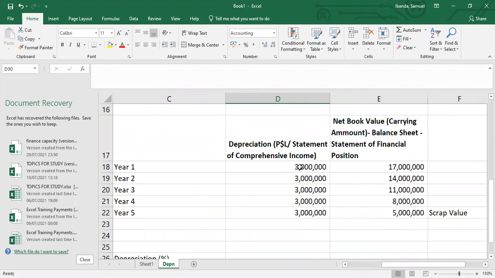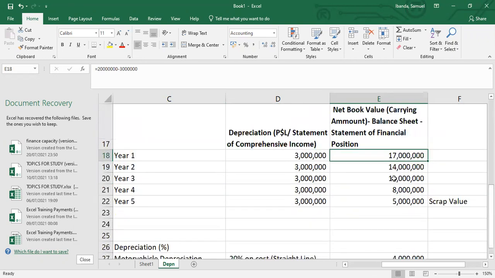The depreciation will not be the same within every period. The percentages will no longer be subject to the cost value, but we shall use the reducing balance. We shall use the net book value in every period.